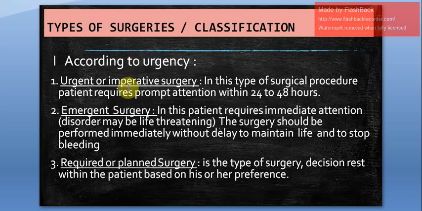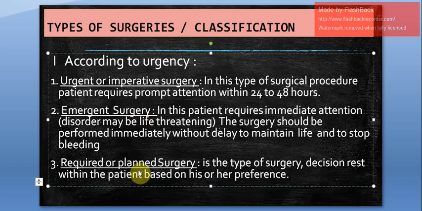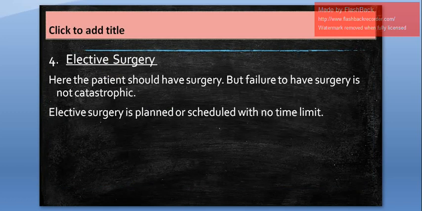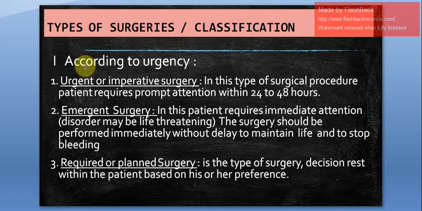First one is urgent surgery, next is emergent surgery, third one is required surgery and fourth one is elective surgery. So what is urgent or imperative surgery? Urgent or imperative surgery means the surgery has to be performed within 24 to 48 hours because it is very urgent, but it can be performed within 24 to 48 hours.